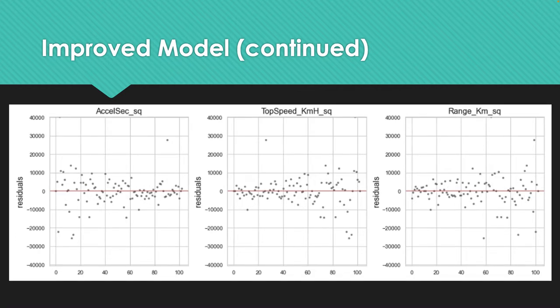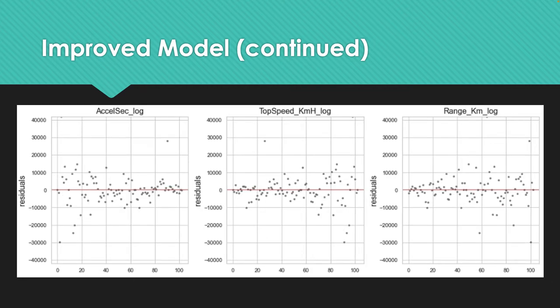So then I decided to square each of the fields, again not looking quite as good as the non-transformed variable. And then finally I took the log of these variables, which again the spread of the residuals was a bit higher than the non-transformed variables, so I didn't end up using any of these transformed variables in my improved model.